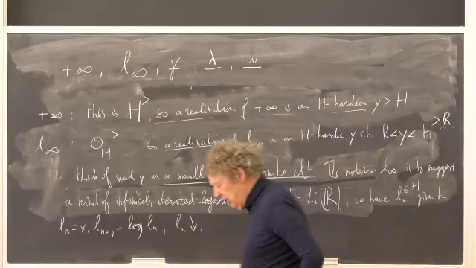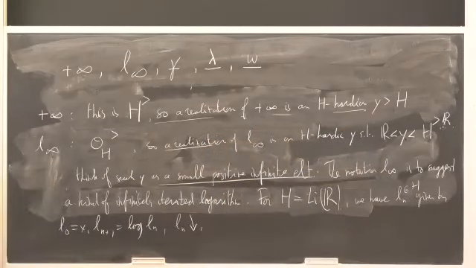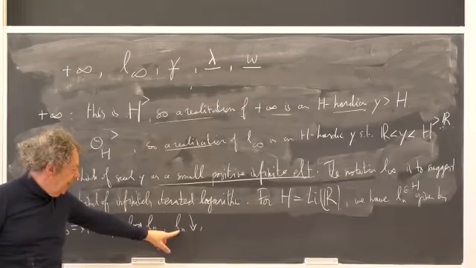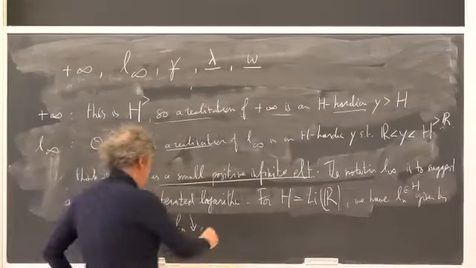It's a strictly decreasing sequence of positive infinite elements, and so a realization of this L infinity is simply something that is smaller than every L_n, but is still infinite.